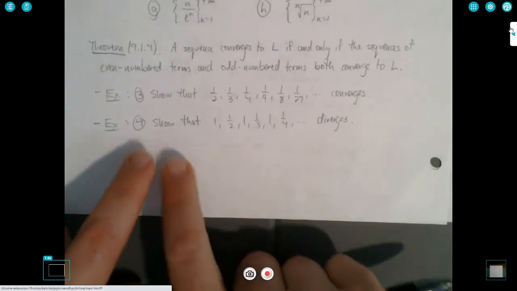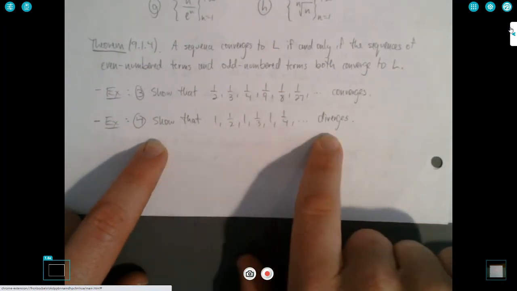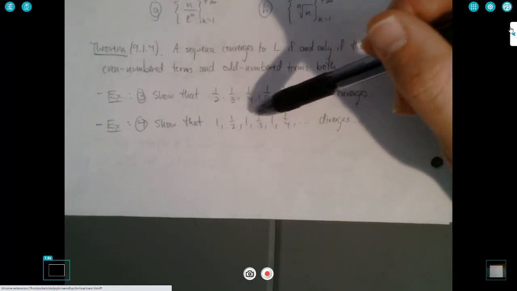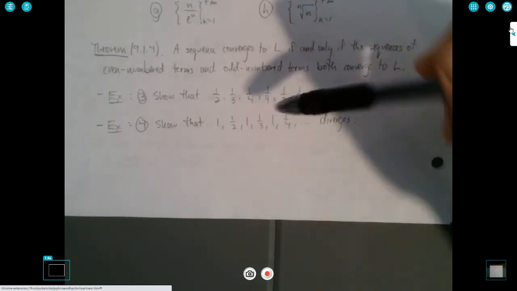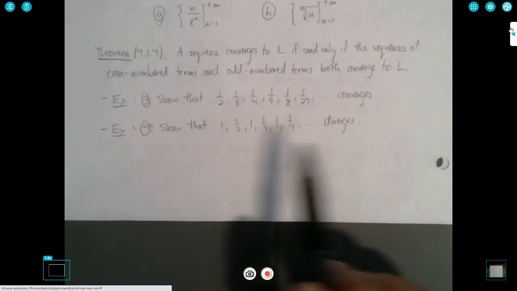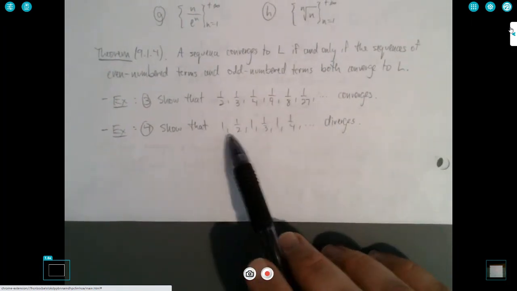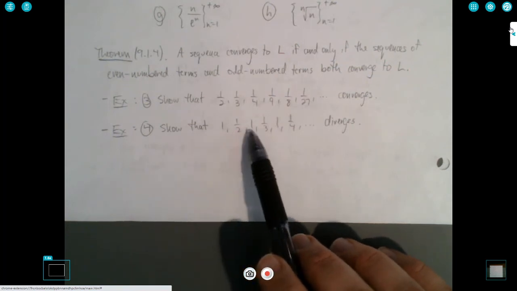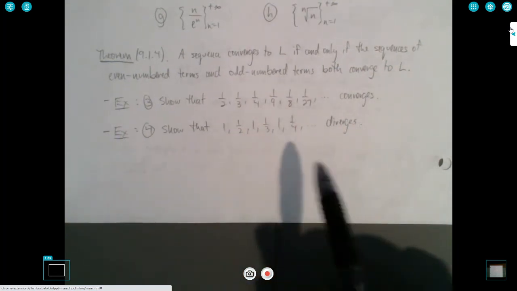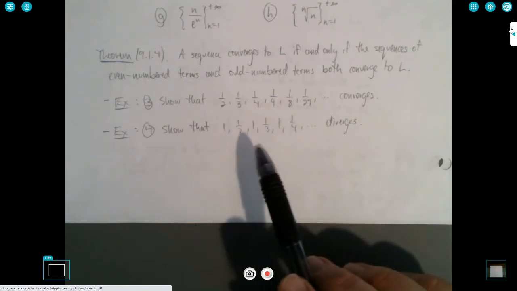By a similar token, this sequence here is going to diverge. Why? Well, we've got 1, 1/2, 1, 1/3, 1, 1/4. The 1/2, 1/3, 1/4, 1/5, 1/6, 1/7 part of the sequence converges to 0. But the 1, 1, 1, 1 part of the sequence, it doesn't diverge actually.